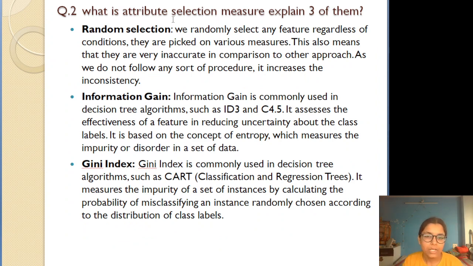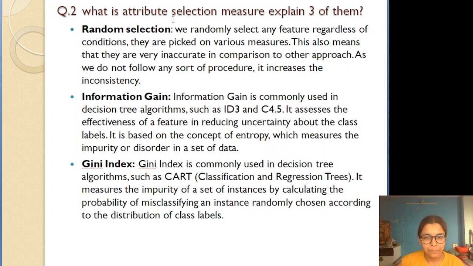Next, what are the attribute selection measures? Explain three of them. So we had majorly three attribute selection measures, which are random selection, information gain, and Gini index. In random selection, we select any feature randomly, regardless of whether it matches our data set or not. We are not concerned with that.